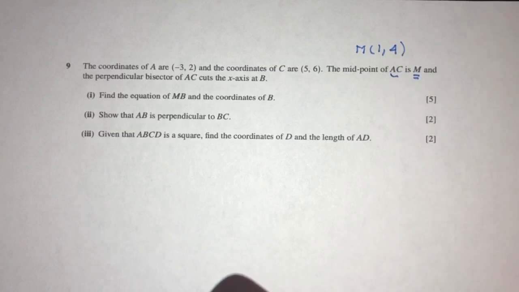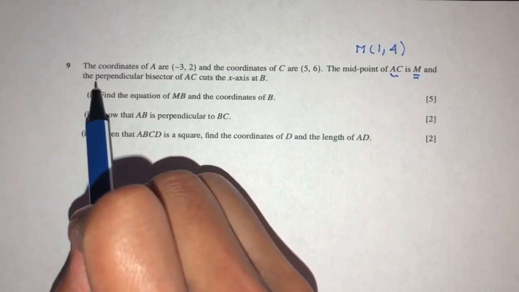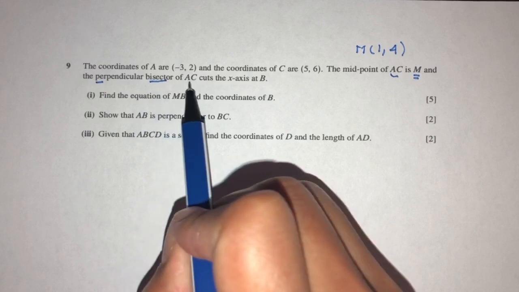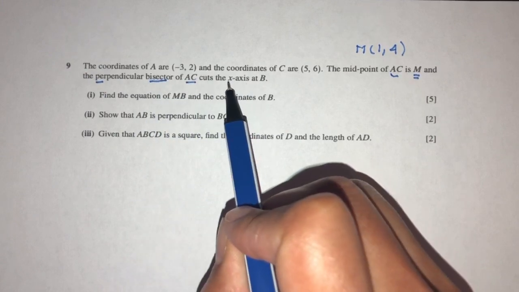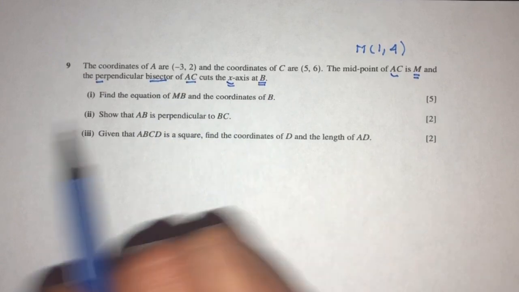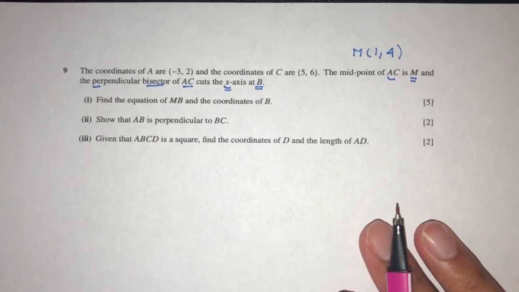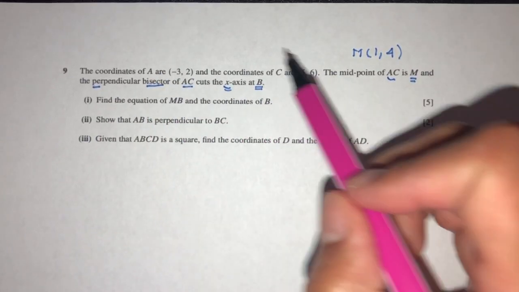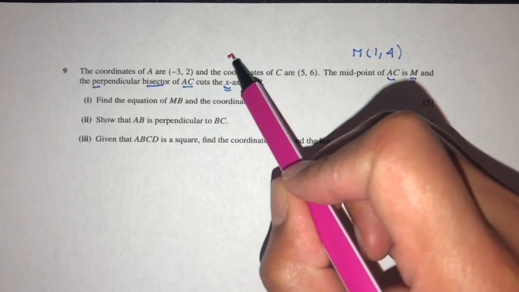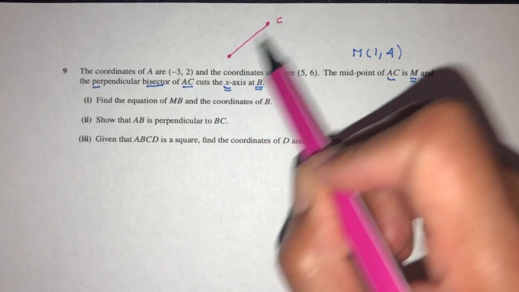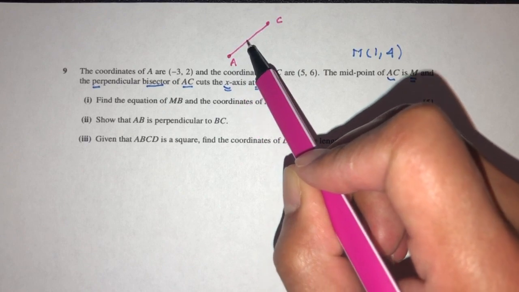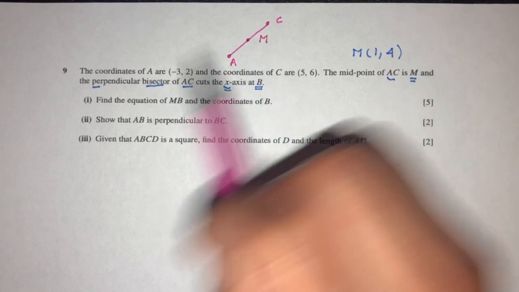Okay, good. And also we have a perpendicular bisector of AC. It cuts the x-axis at B. So we have to understand what this line is. Okay, so simply, if you were to make a drawing, for example, we have our point A here, and we have our point C here, AC. And the midpoint here is M, right?